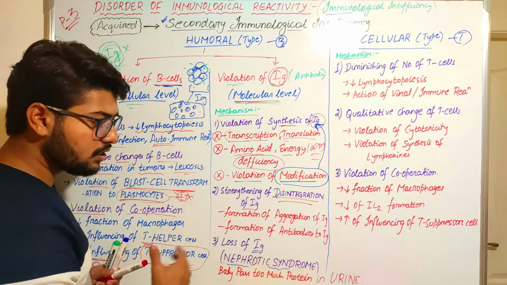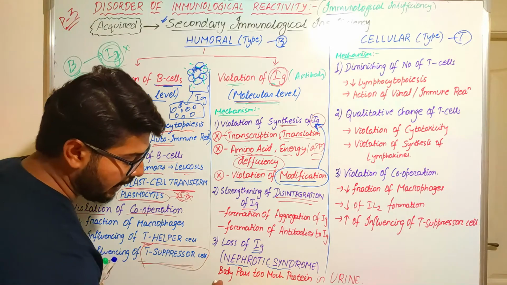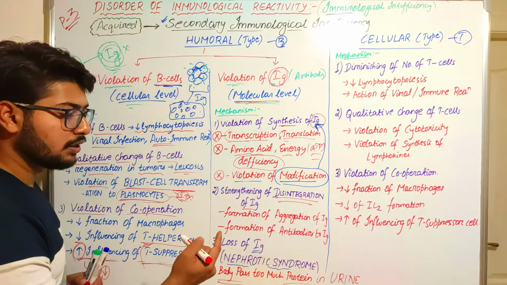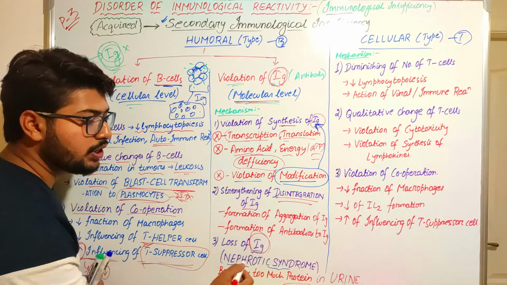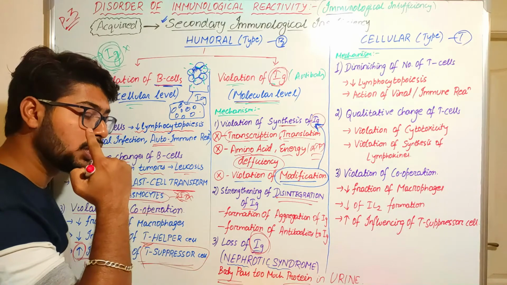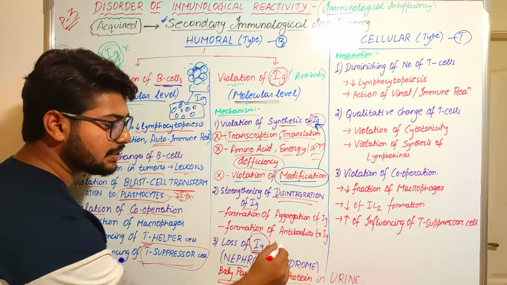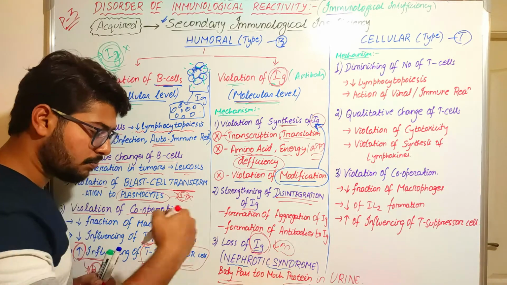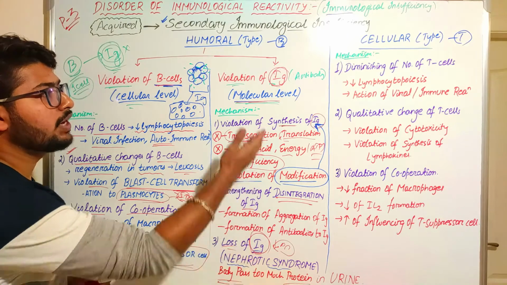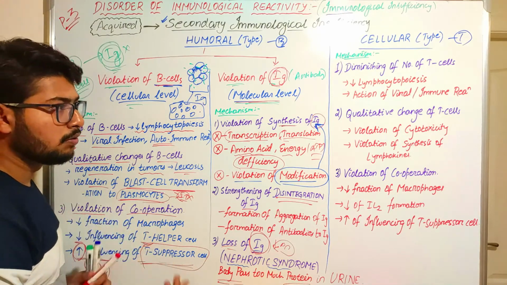If the kidney passes excess proteins through the urine, then immunoglobulins will not be able to form, because immunoglobulins are nothing but the globular proteins of the blood. As there is a decrease in protein in the body, there will be loss of immunoglobulins, and effective humoral reactions will not be able to form.